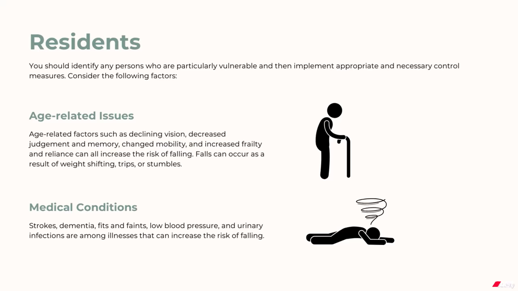Falls can occur as a result of weight shifting, trips or stumbles. Medical conditions. Strokes, dementia, fits and faints, low blood pressure, and urinary infections are among illnesses that can increase the risk of falling.